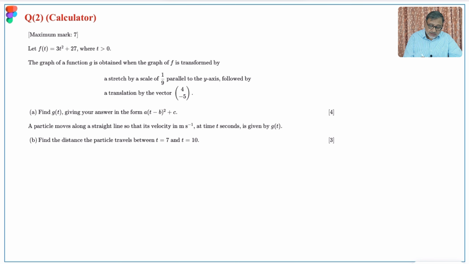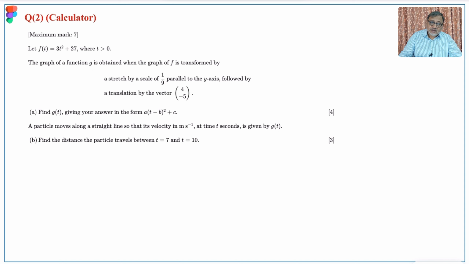Next question says f of x is 3t square plus 27, where t is greater than 0. The graph of the function g is obtained when the graph of f is transformed. What are the transformations? The first one is a stretch by scale factor 1 over 9 parallel to the y-axis, right?